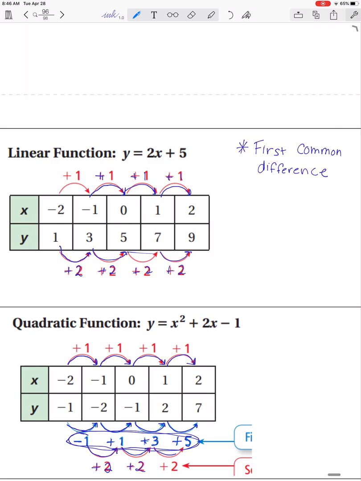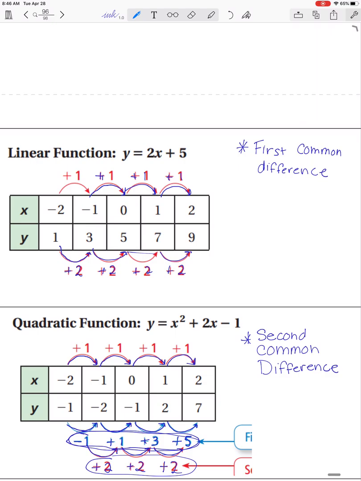How do we go from 3 to 5? We added 2. So what do you notice about these now? Now those are going up consistently. So what we call that is it has a second common difference. So in order to be quadratic, you would have to do that twice to see.